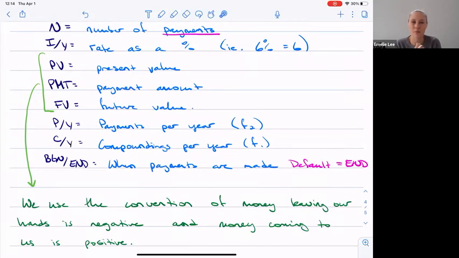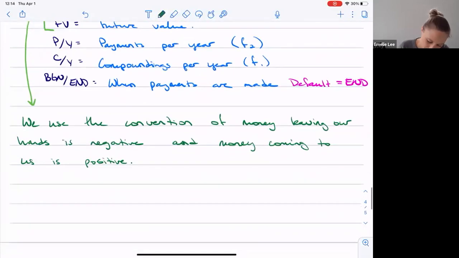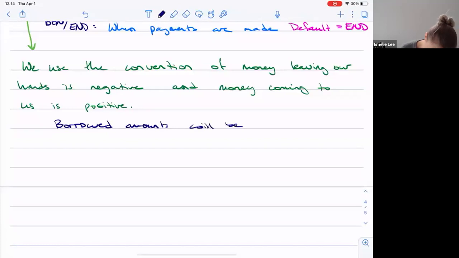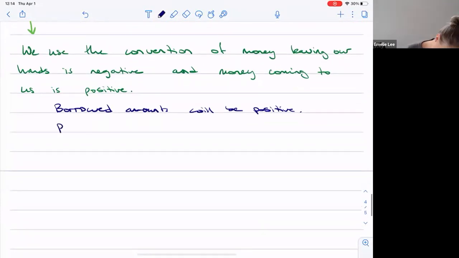So borrowed amounts will be positive, because it comes to you. Payments that you make to pay off that borrowed amount should be negative, right?